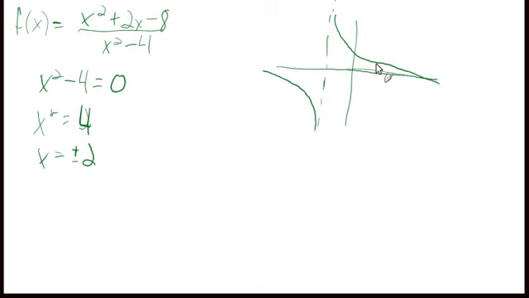But over here at positive 2, there is not an asymptote, but just this gap, this hole. That's what happens there. So how do we know where there is a vertical asymptote and where there's a hole? Which one is which?